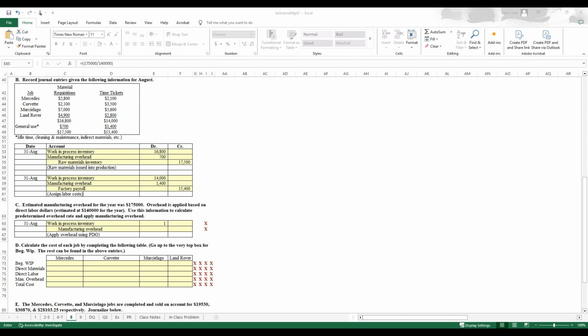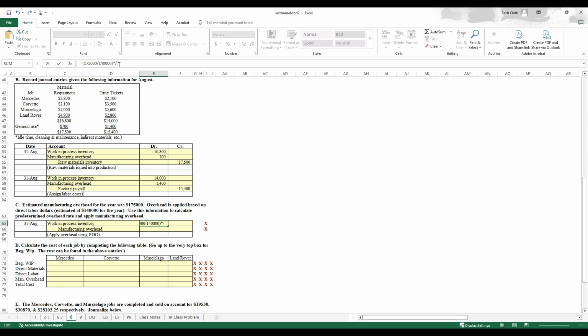So if we take 175,000 divided by 140,000, we end up with 125%. So for every dollar of direct labor, essentially we're going to apply $1.25 of manufacturing overhead, which is basically what this says, it comes out to 125%.